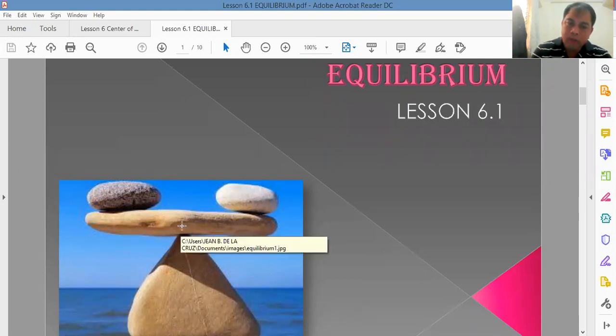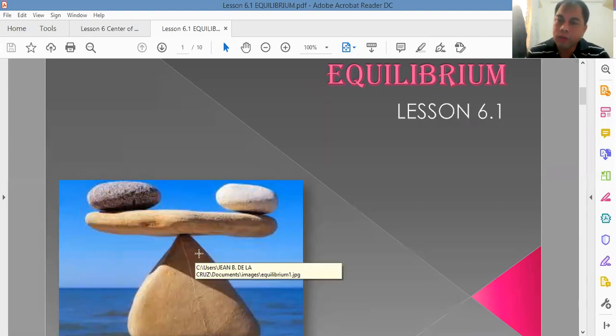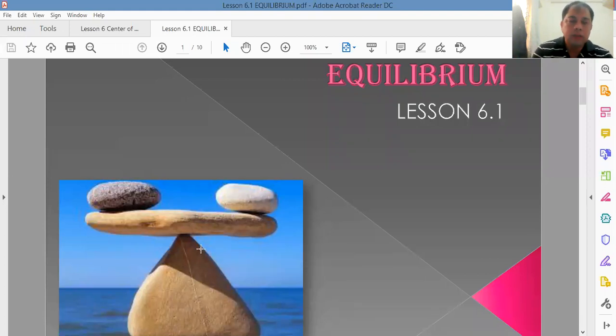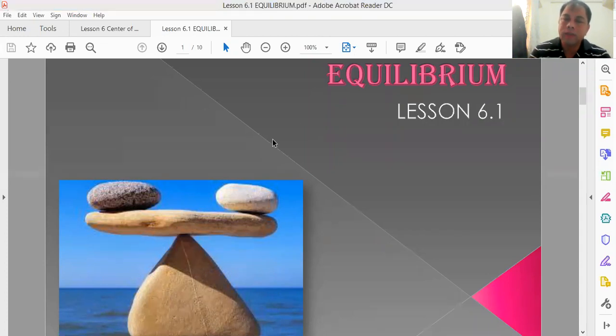They've probably located the center of gravity of the set of rocks above, and they put the object below as a kind of fulcrum. I will emphasize the word fulcrum. This is the one that balances the rocks above. So the fulcrum is below, and the location of the center of gravity was determined. The CG there is crucial in balancing this whole thing. You could never balance this unless you locate the center of gravity of the stones above.